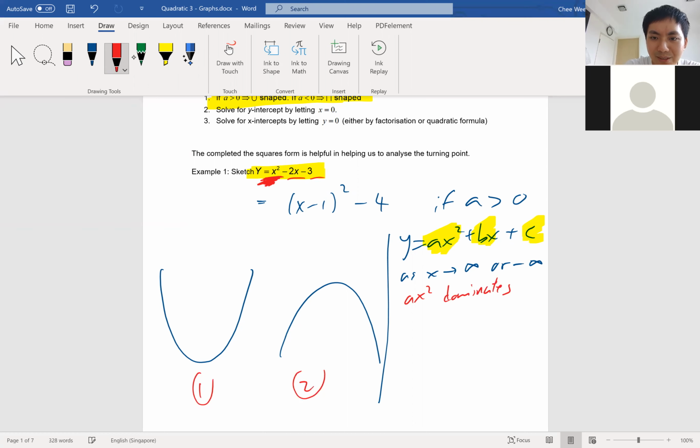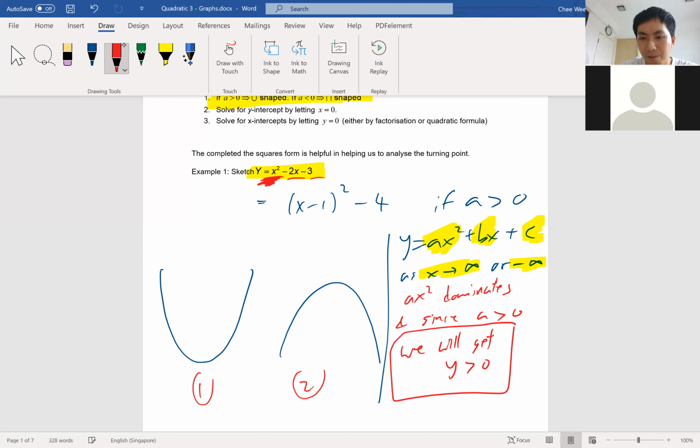But since a is positive, net y should be positive, as x goes to infinity or negative infinity. All right. Okay, so if you look at this pair of graphs that I have on the left side, as x goes to infinity or negative infinity, which of these two graphs depicts the picture?